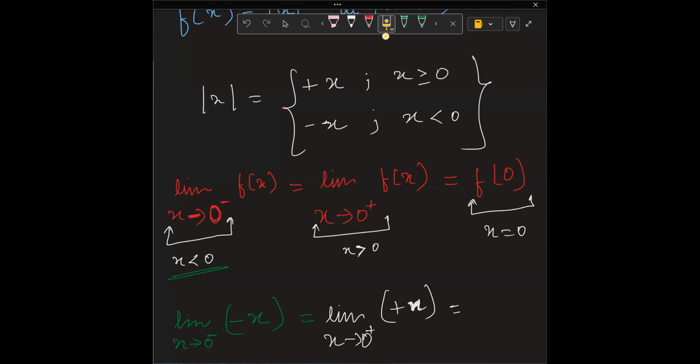Yes, sir. बताओ क्या होगा? So it will be x. It will be x what? Minus or plus? So for limit x equals to 0, right? I'm not asking that.